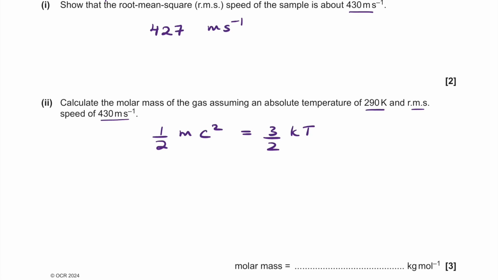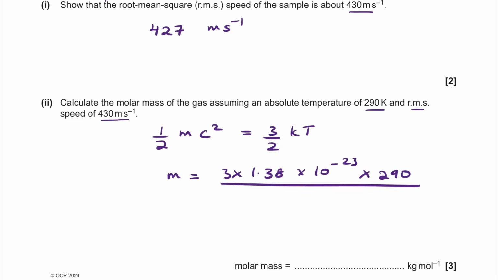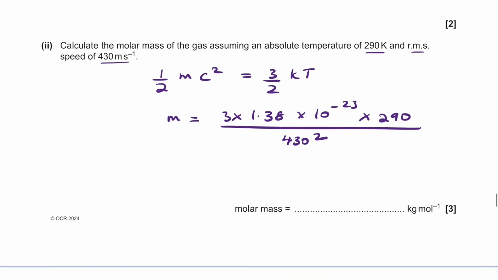So we've got m therefore equal to 3 times k, which is 1.38 times 10 to the minus 23, times T, which is 290, divided by the root mean square speed squared, which we calculated as 427. I'll use 430 meters per second, and that would give me a value of 6.49 times 10 to the minus 26 kilograms.